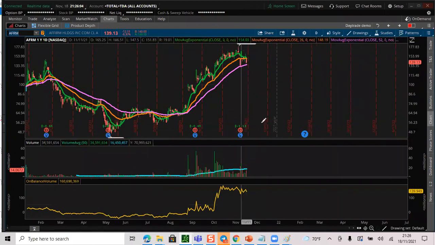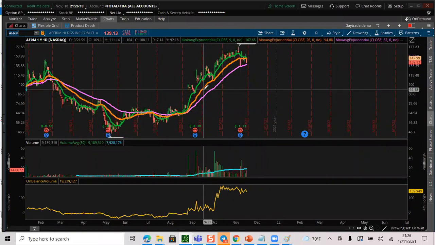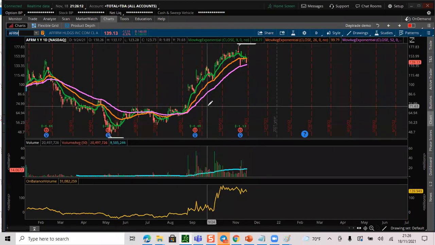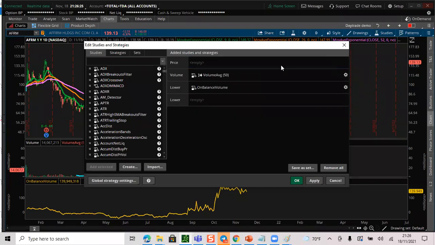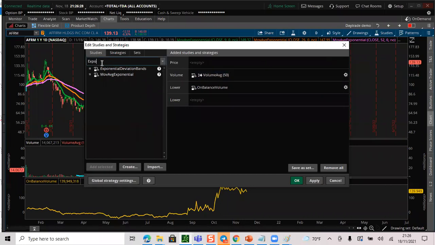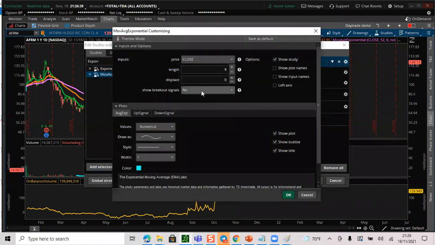Affirm is also okay. So before I explain, I also used exponential moving averages in my chart. Okay, so what are these exponential moving averages? I added 9, 26, and 52 EMAs, right? If you don't know how to use it, I'll just add it fresh here. I'm going to use 9 as my green candle.